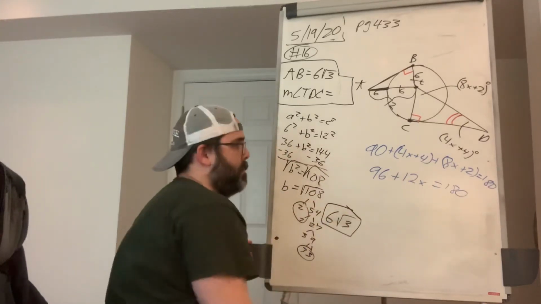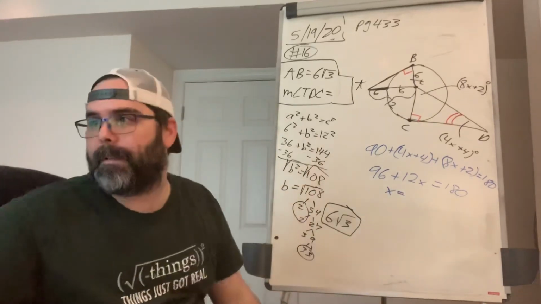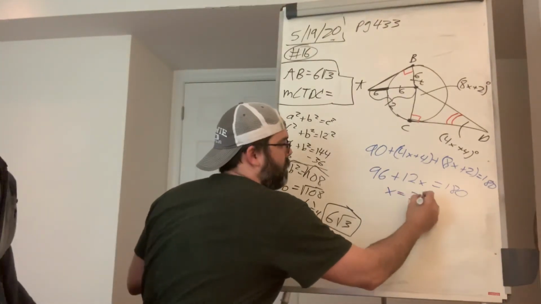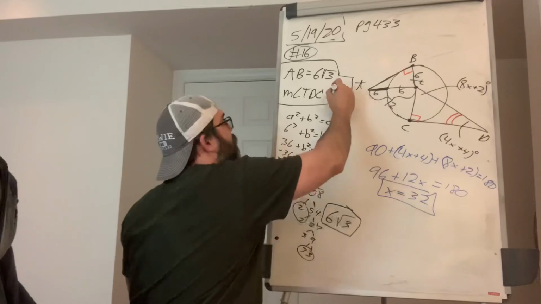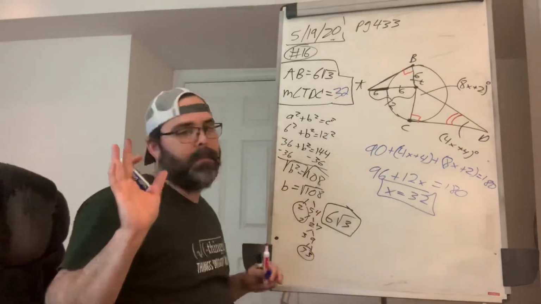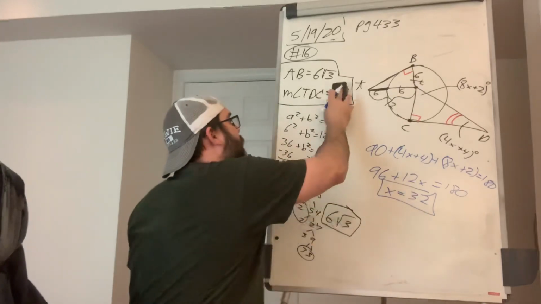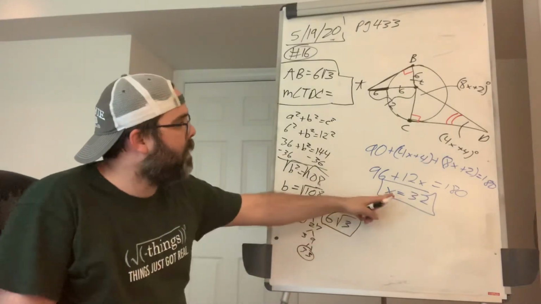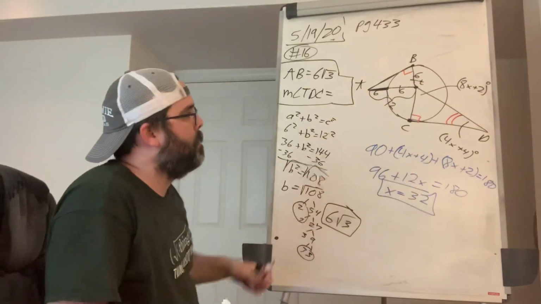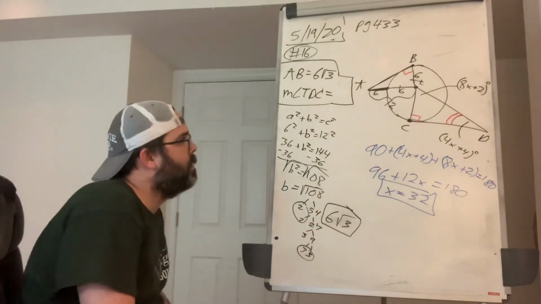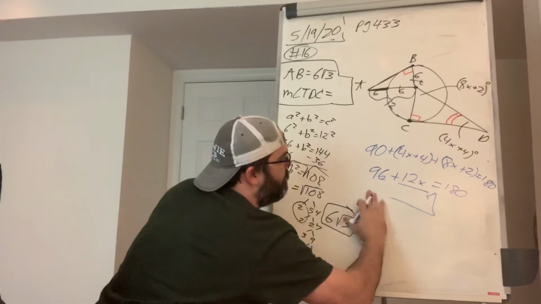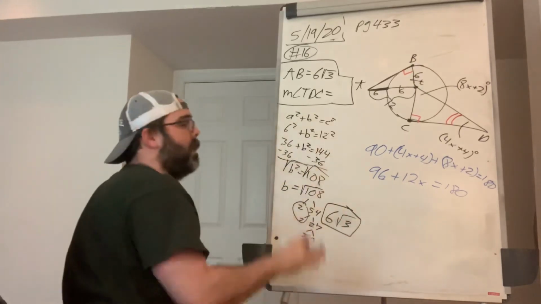We solve this and we get x equals 32. Wait. So I found x, I did not find the angle measure. I know x is 32. Now I need to plug 32 into this. Is that right? I'm sorry, I'm confusing you guys. X is not 32.